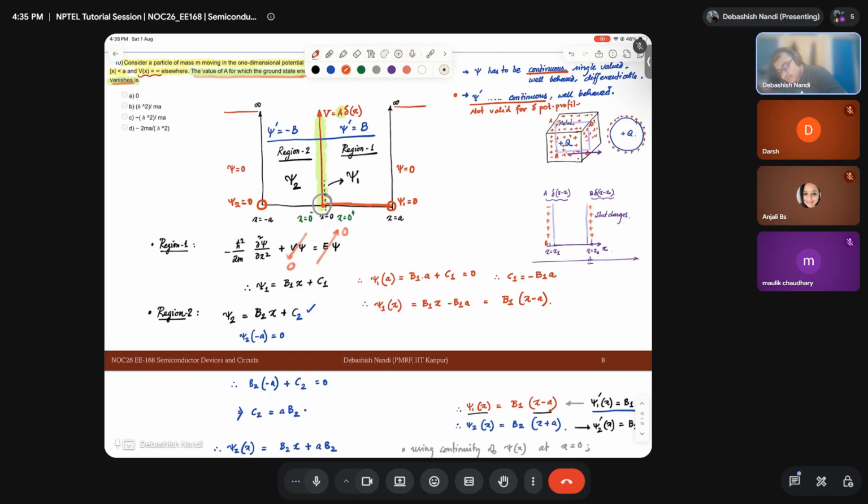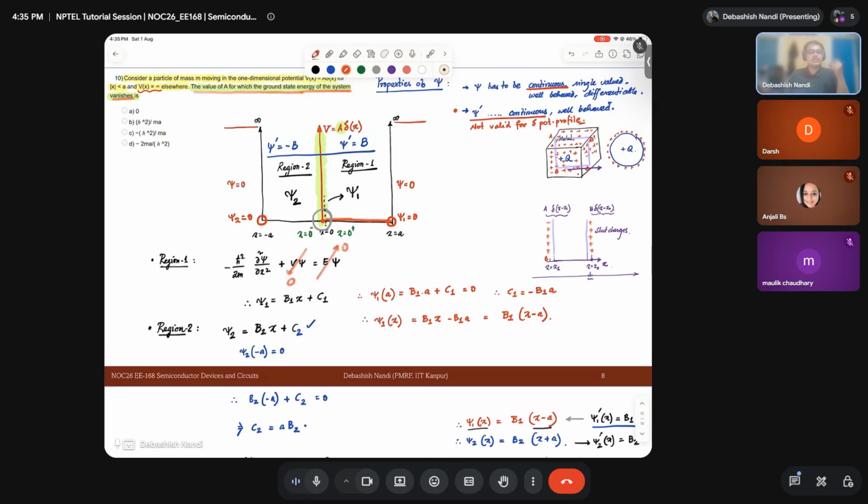So whenever we are reading the properties, we need to understand the range over which they are applicable, right?